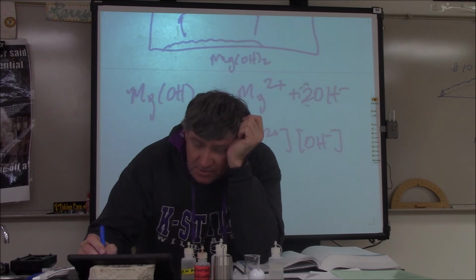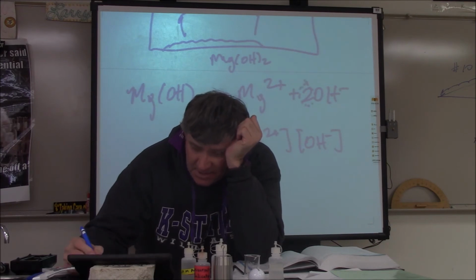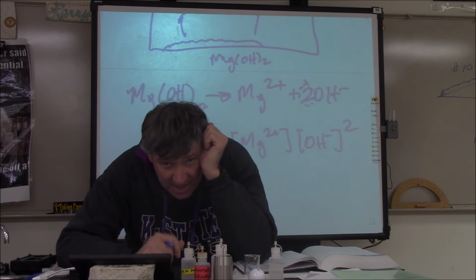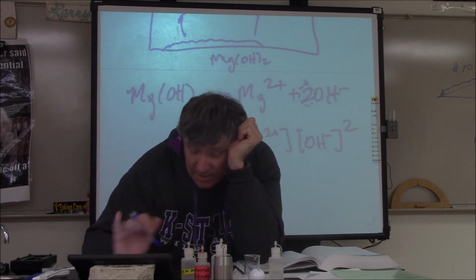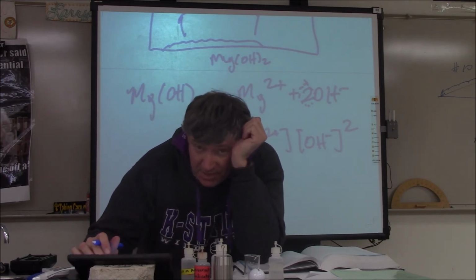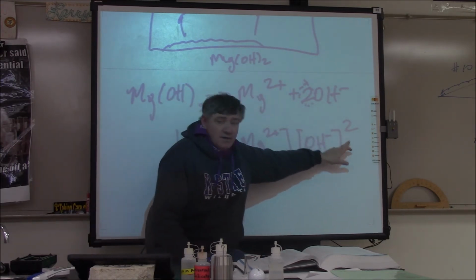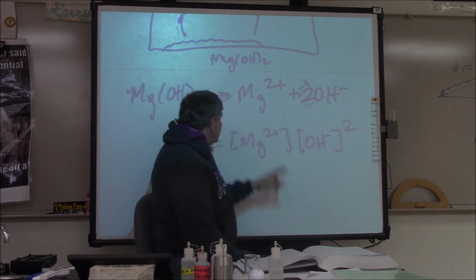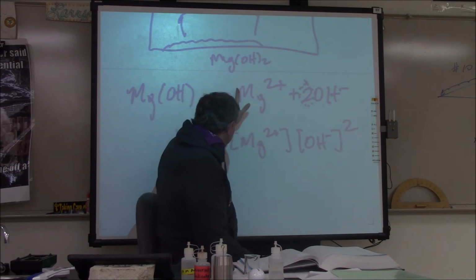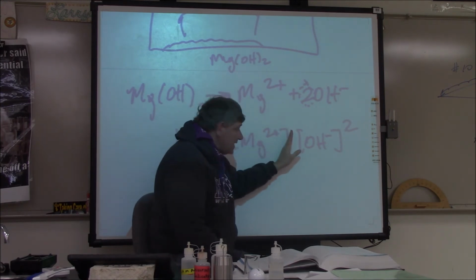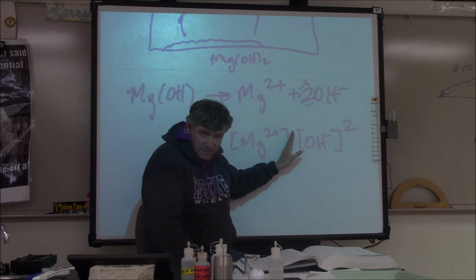If there's a 2 in front of this, like there is, that means that concentration is going to get squared. If there was a 3 here, if this was 3 hydroxides, this would get cubed. If there was a 2 in front of the magnesium, that magnesium ion concentration would get squared.